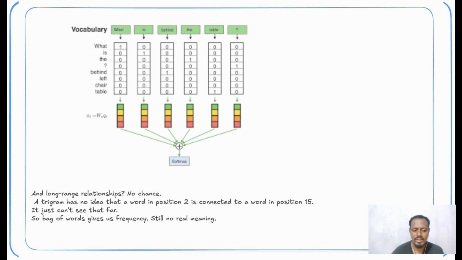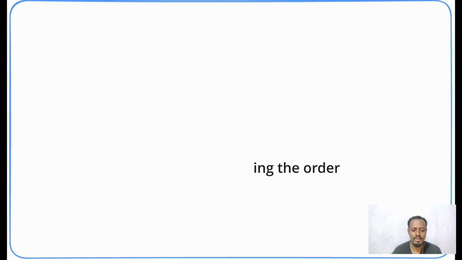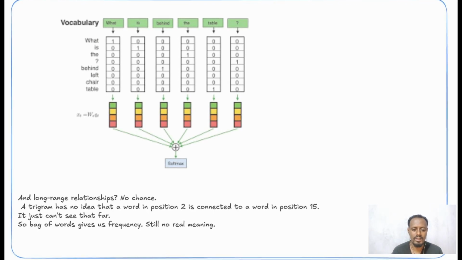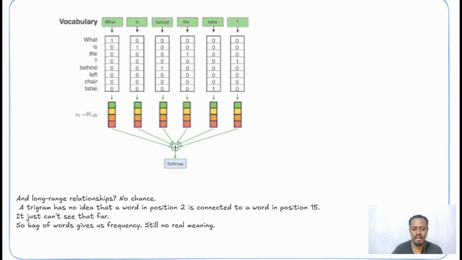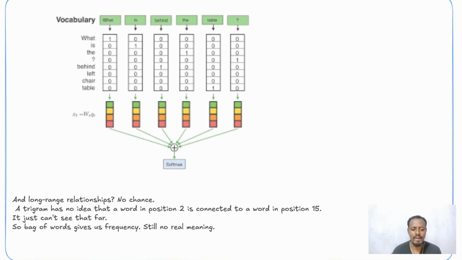So for "the cat sat on the mat," "the" shows up twice, cat once, sat once, and so on. And this actually works reasonably well for some tasks, like spam detection. If an email contains free, win, prize, and click, even without knowing the order, you can probably guess it is spam. The frequency pattern is enough.